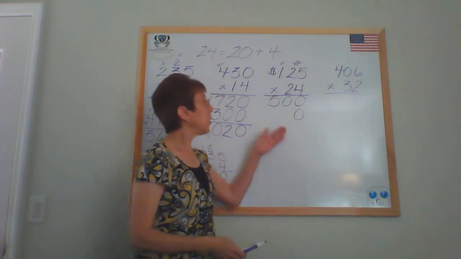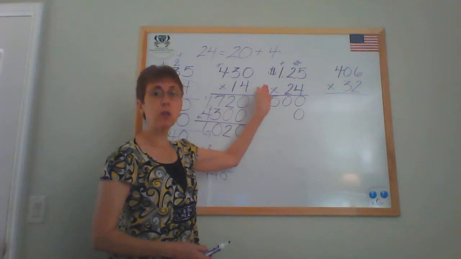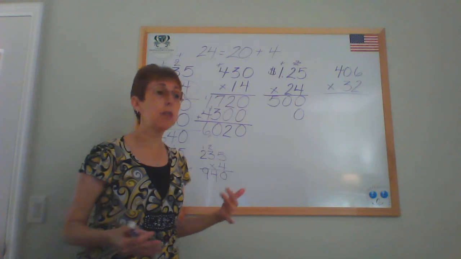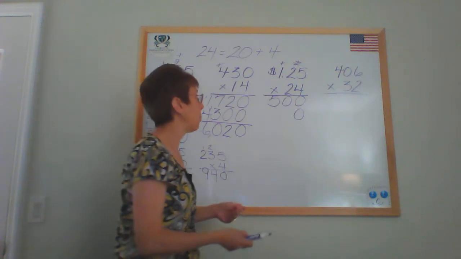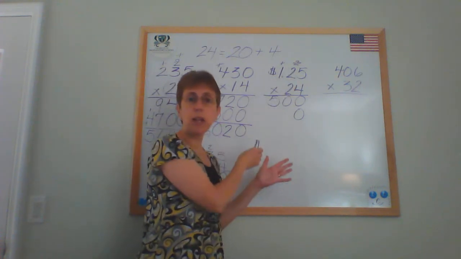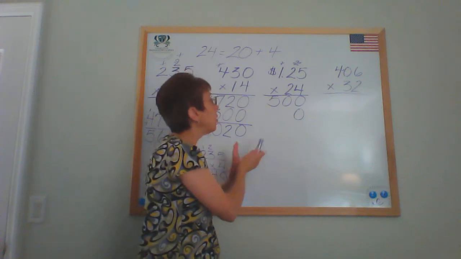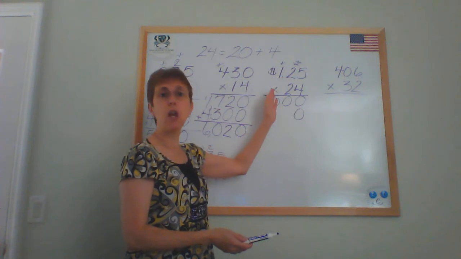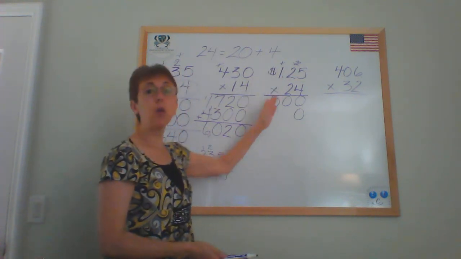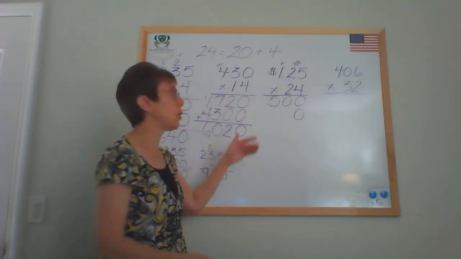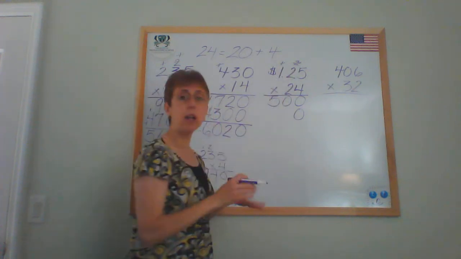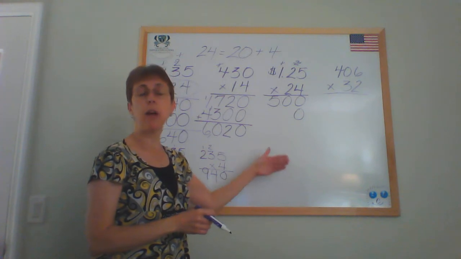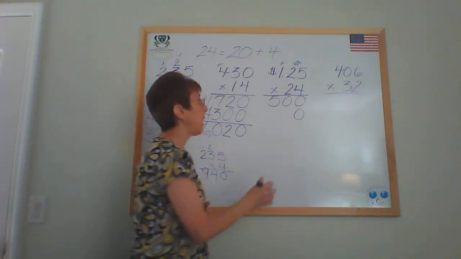The reason that I do that is because when you're working with 3 digits times 2 digits or 3 digits times 3 digits or even larger numbers, you end up doing a lot of carrying. And so you don't want to get confused between the carrying from the first digit, the carrying from the second digit, or the carrying from the third digit if it was a larger problem. So just put a little mark through it to know you've already added that in, so then when you do the rest of the multiplying, you won't get confused with what you've carried over.